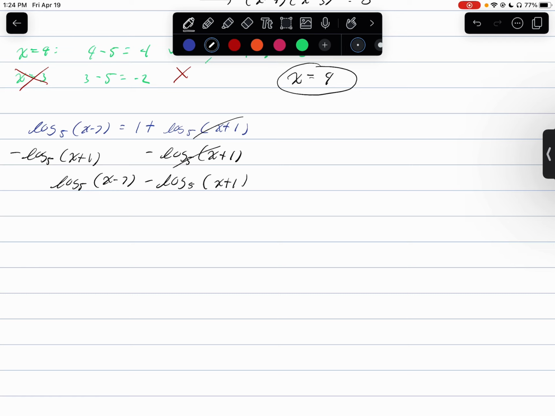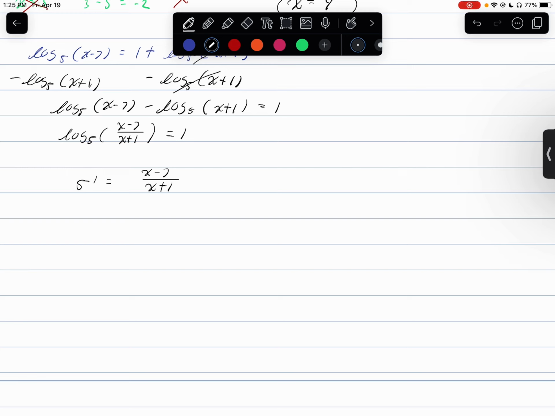Now we can rewrite this using our basic definition of logarithms as 5 to the 1 is equal to x minus 7 over x plus 1. And 5 to the 1 is equal to 5, so we can just rewrite it as that.